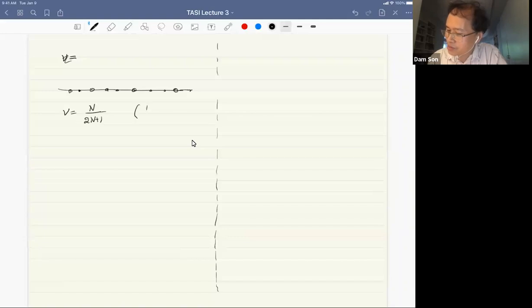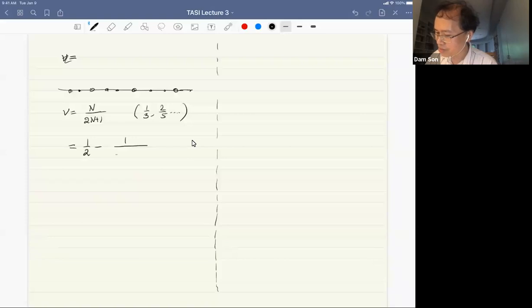So that includes 1/3, 2/5, etc. Experimentally, we found this state to be gapped. We want to understand how this can be explained through this duality. So this is 1/2 minus 1 divided by 2n plus 1.